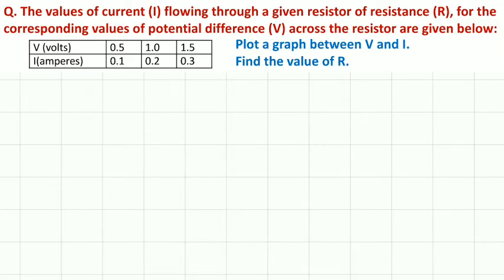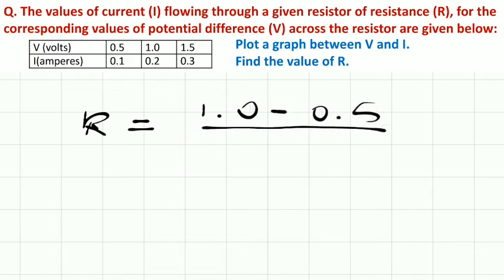The value of R becomes 1.0 minus 0.5 upon 0.2 minus 0.1.